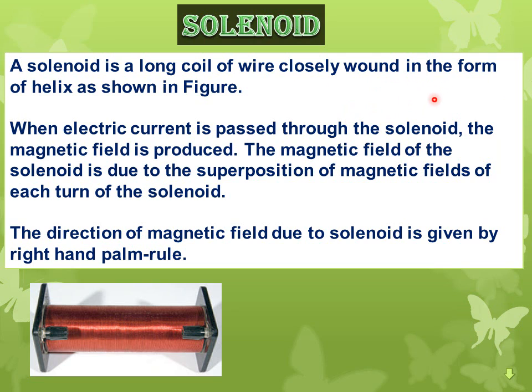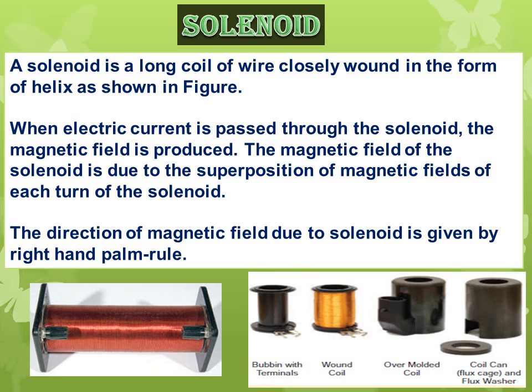When electric current is passed through the solenoid, a magnetic field is produced. The magnetic field of the solenoid is due to the superposition of magnetic fields of each turn of the solenoid.